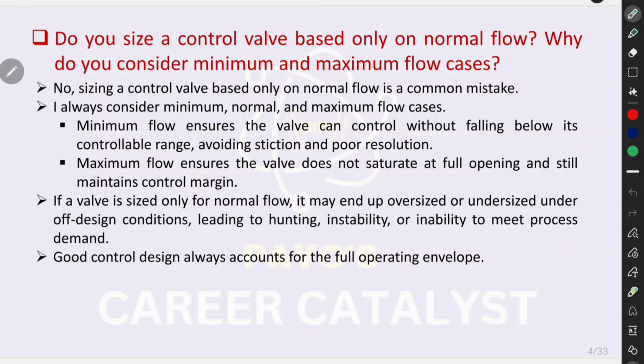Maximum flow ensures the valve does not saturate at full opening and still maintains control margin. If a valve is sized only for normal flow, it may end up oversized or undersized under off-design conditions, leading to hunting, instability, or inability to meet process demand. Good control design always accounts for the full operating envelope.